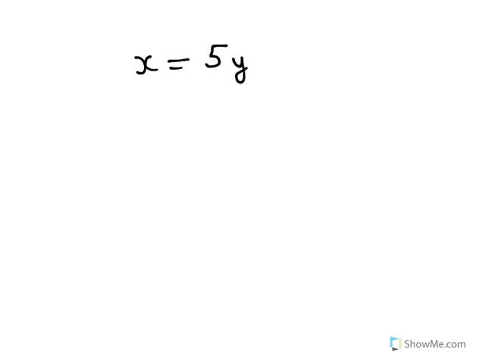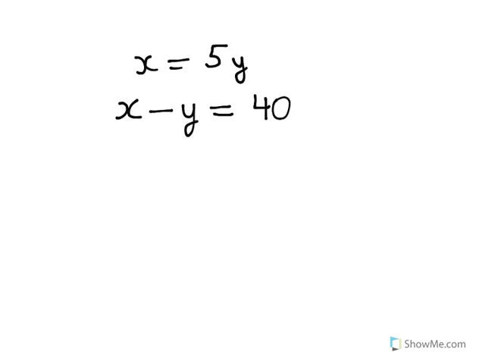So x is the same as 5 lots of y. And which is the biggest number? Well, it must be x, because it's the same as 5 times what y is. And I know that the difference between the two numbers, x minus y, equals 40. The difference between the two numbers is 40.